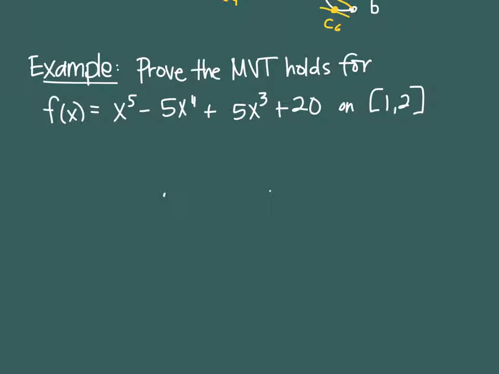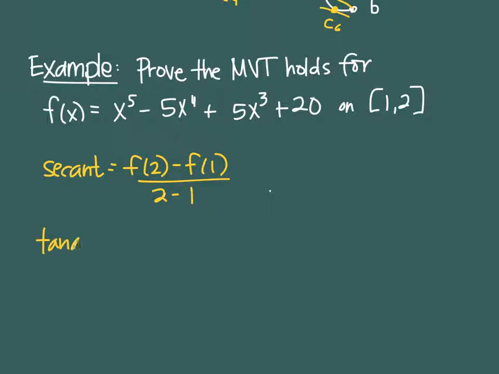And so we're going to figure out the secant slope. The secant will be f of 2 minus f of 1 over 2 minus 1. And the tangent slope will be 5x to the 4th minus 20x to the 3rd plus 15x to the 2nd. So you'll have to work out what f of 2 is, and what f of 1 is, and then come up with the answer.